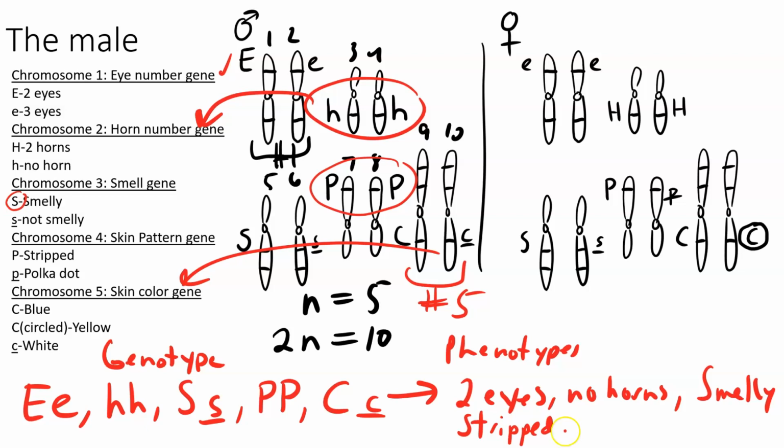So in this case, the phenotype would be blue skin. Okay, so this male has 2 eyes, no horns, it smells, has striped skin that is blue.